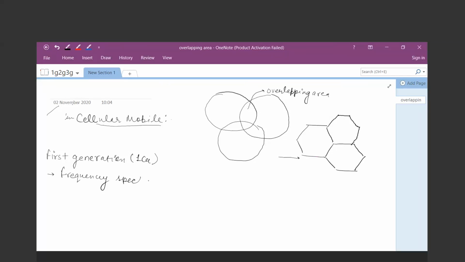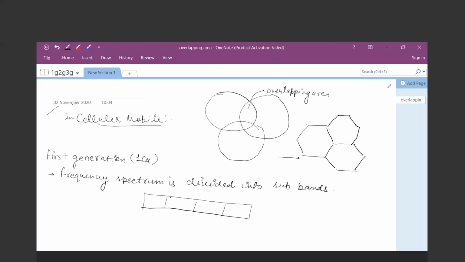So basically the frequency spectrum is divided into subbands. As you know, in FDMA, this is my frequency and it is divided into multiple subbands.